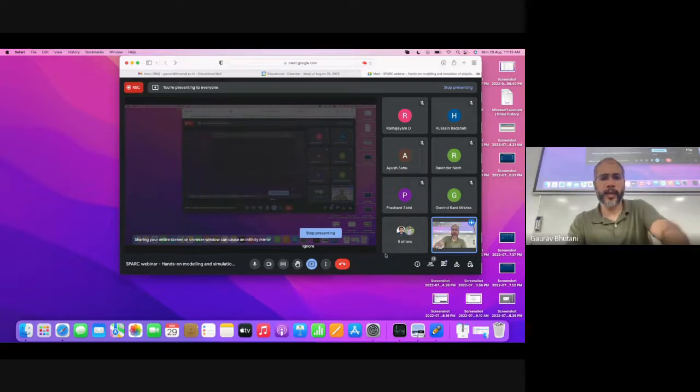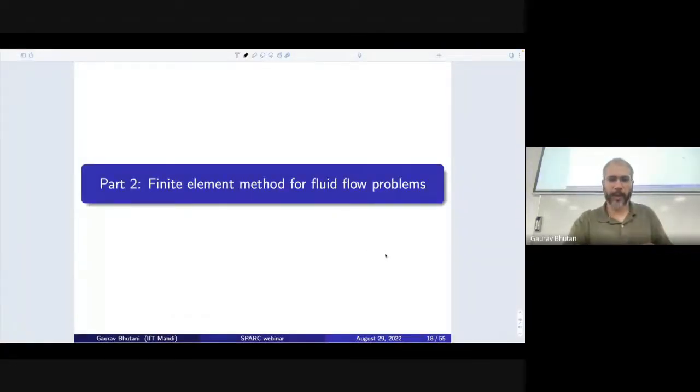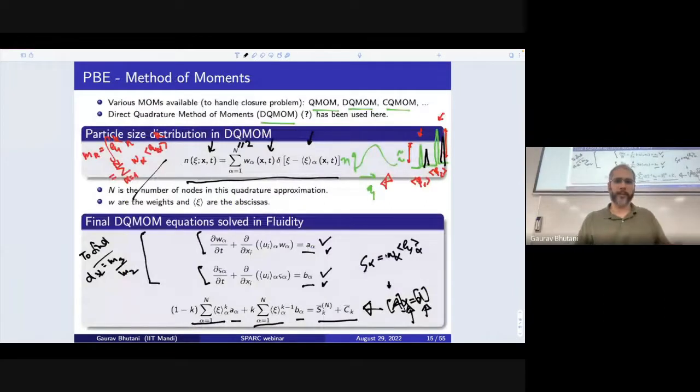So any question related to the population balance equation or the method we use to solve it before we move to discretizations? Here the particles are breaking and aggregating. But what will happen there?